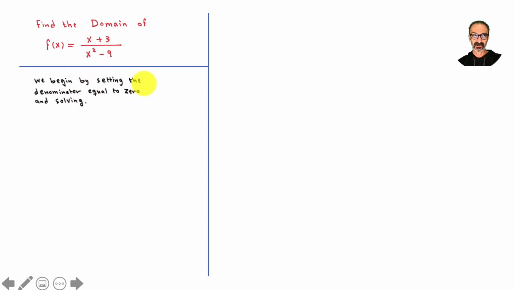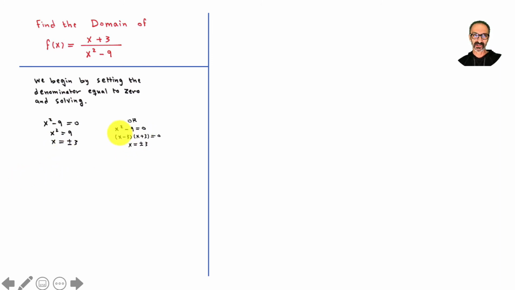We begin by setting the denominator equal to 0. x squared minus 9, because that's what the problem comes from, the denominator. Once you make it equal to 0, you could move the 9 to the other side, take the square root of both sides, and I get x equals plus or minus 3.